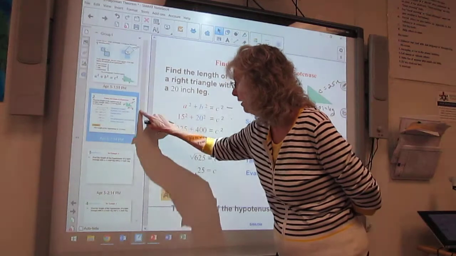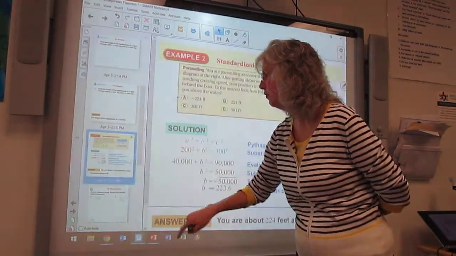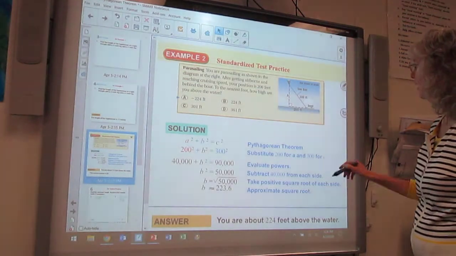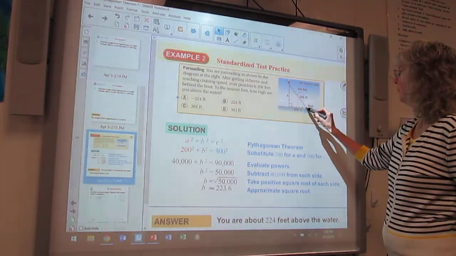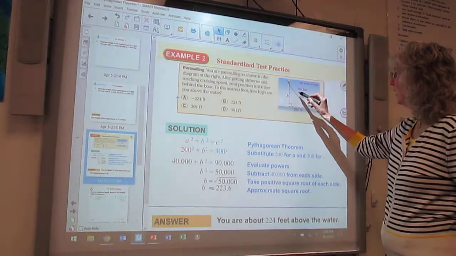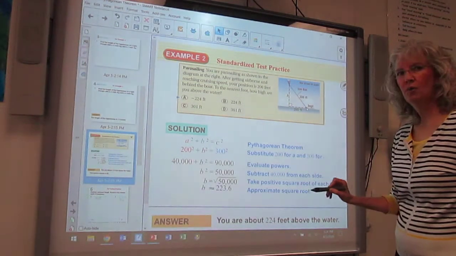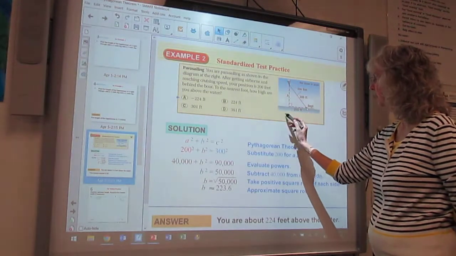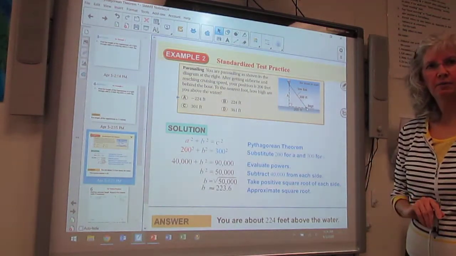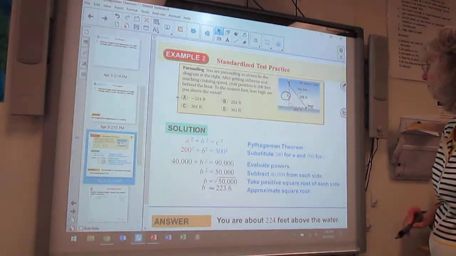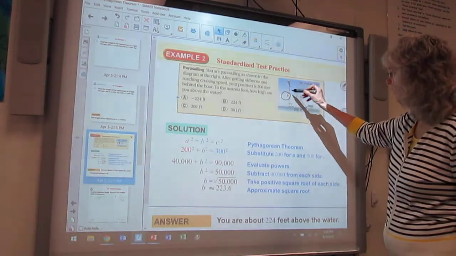Not so bad. Let's move on to a practical problem. You're parasailing. You leave the boat, you have a 300-foot tow line, and you end up here. Well, you're 200 feet from the boat laterally, straight out. So how high up are you? That's what we want to find out. We've labeled that leg B. So you see our right triangle?